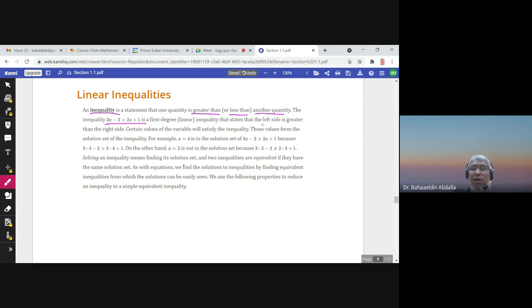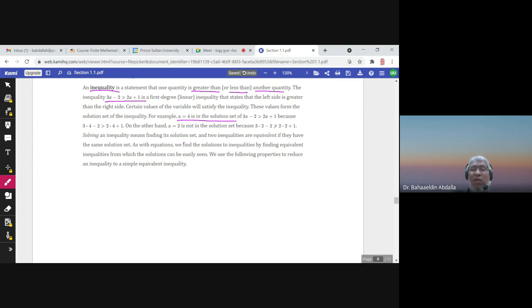Now, if the number satisfies the inequality, it would be a solution. For example, if you replace x here by 4, it becomes true, so it's the solution. While if you replace x here by 2, it will not become true, so 2 is not a solution. So some numbers would be solutions, some numbers wouldn't be solutions of the inequality.